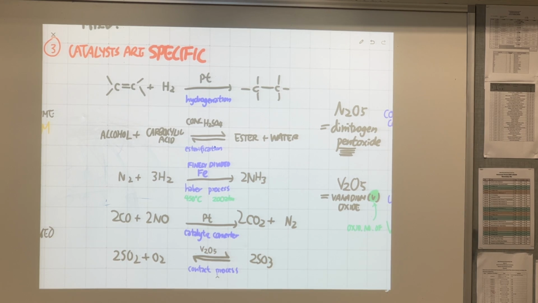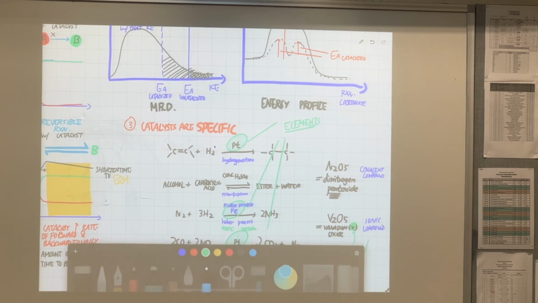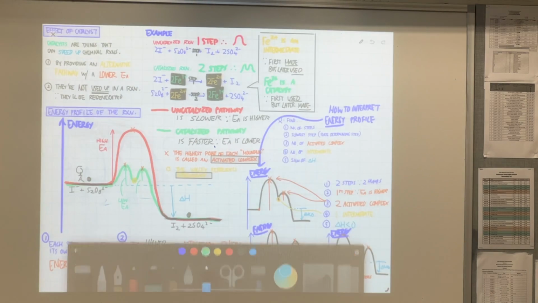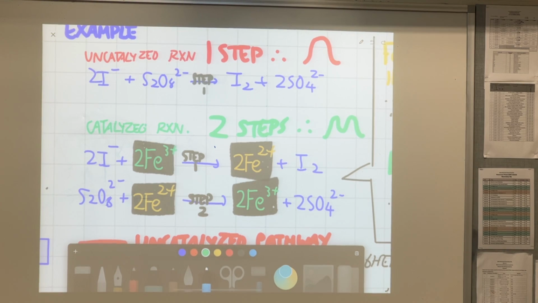They are often elements. So write an example under element. These three are elements. They are either elements, compounds, or ions. Actually, there's one that we mentioned not long ago: the I minus plus S2O8 2 minus equation.